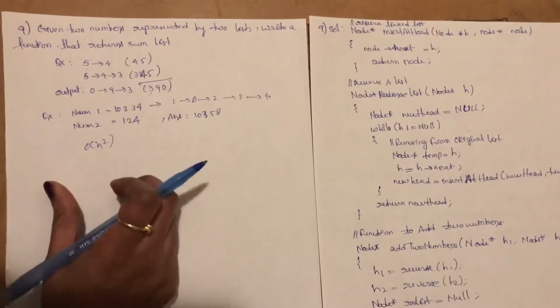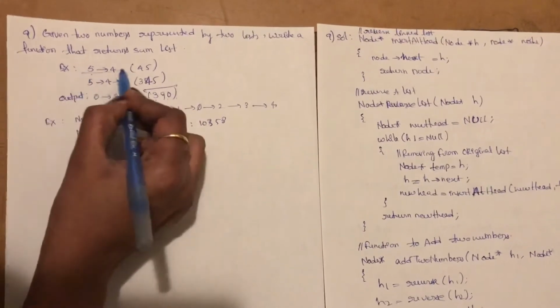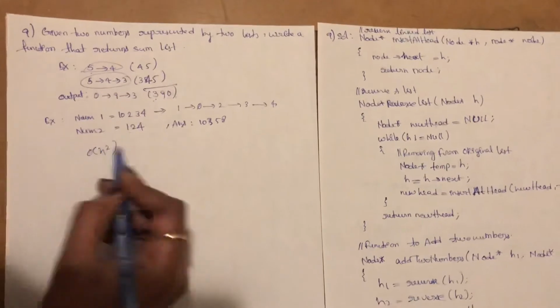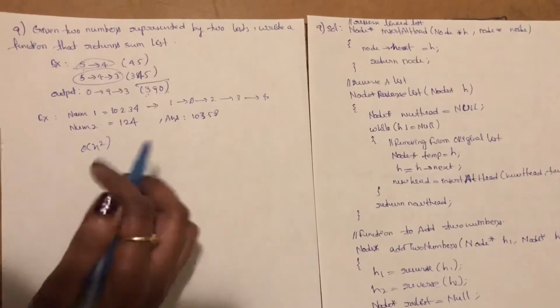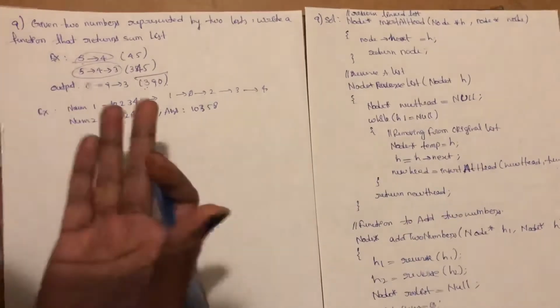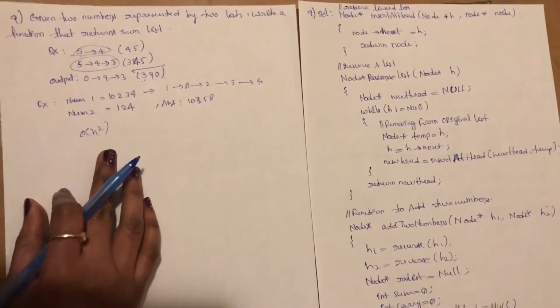So the approach here is that we reverse the given numbers, then add them, get the resulting output, and reverse it again to get the actual output.